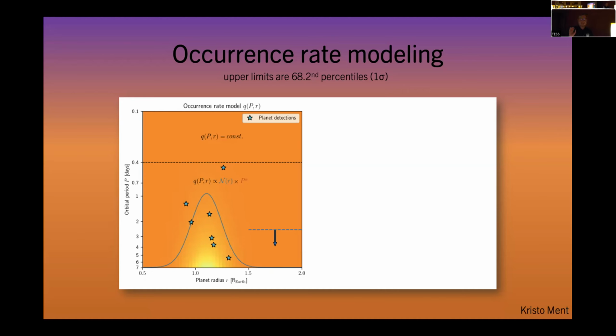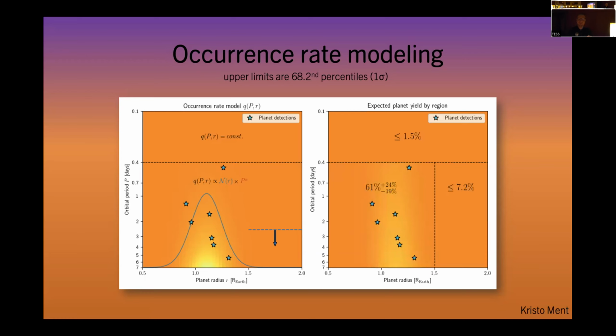And I tested many different models, and this is all going to be described in a paper that should be published very soon. But I found that the underlying distribution is best modeled by a Gaussian distribution centered at roughly 1.1 Earth radii. And for these 7 planets, the underlying occurrence is well explained by this model.